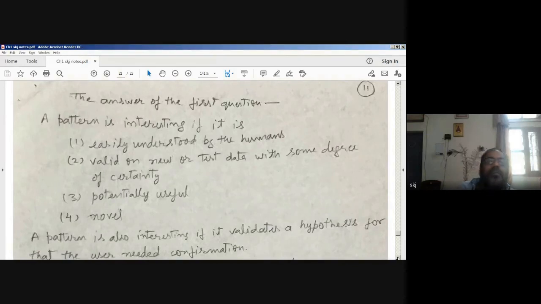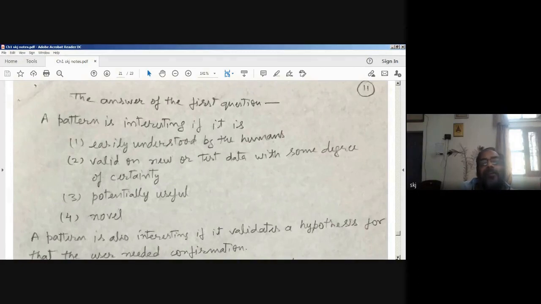And if something is not easily understandable, then it provides a discouraging environment, and a person will try to go away from that environment or that study. So one thing is ease: how easily you can represent something. If it is easily understood by humans, then certainly everybody will appreciate that the pattern is interesting.